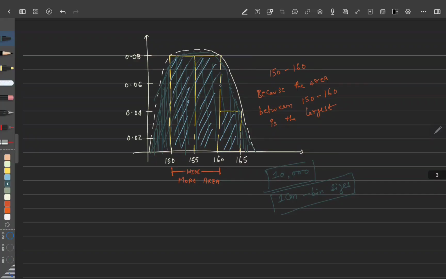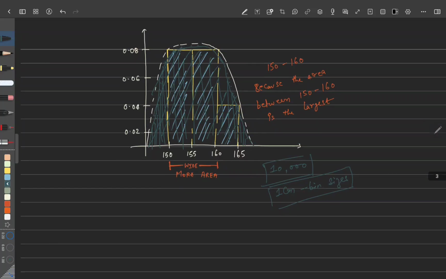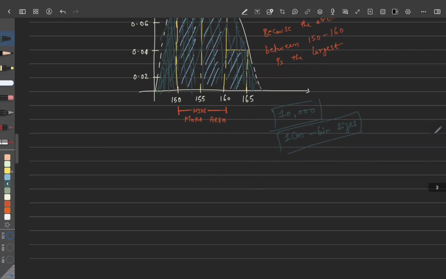And then you would find the area between any 2 points to get the desired probability of finding a height in that range. The rectangles would become points and a smooth curve will be formed. Now another property of this PDF is that the total area would always be 1.